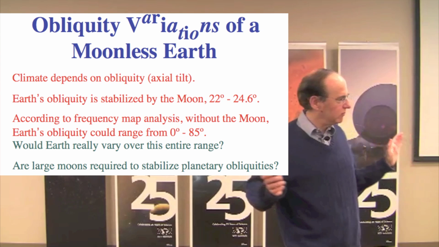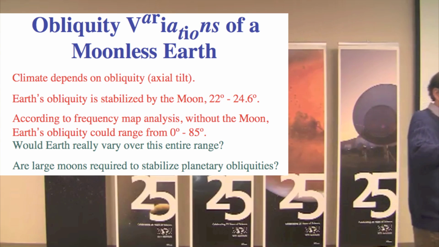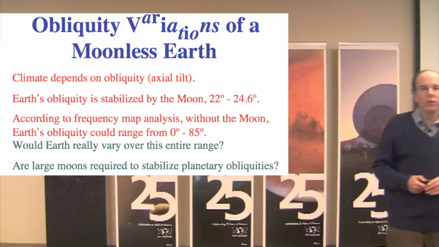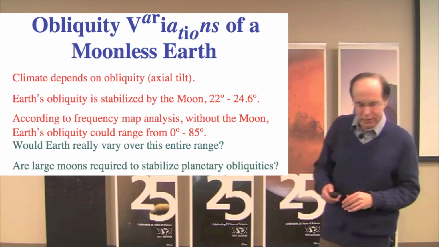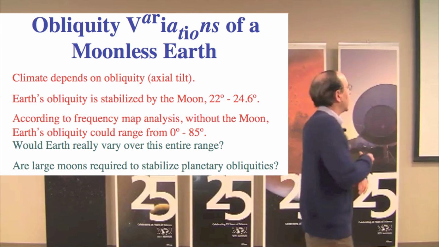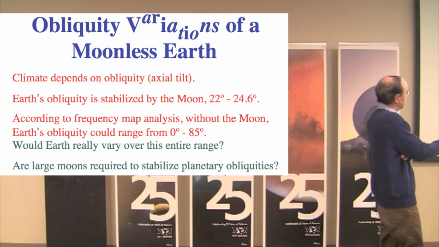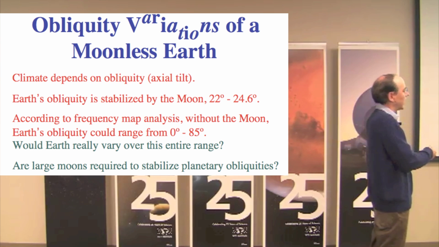This is all for the real Earth. We have a moon. The moon is very important in obliquity. So we have these variations that we have.